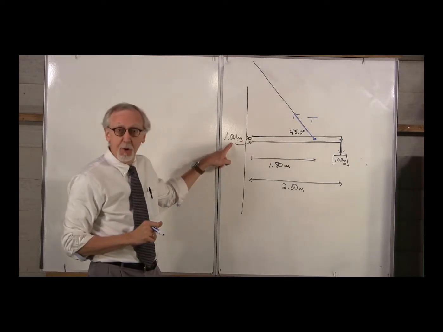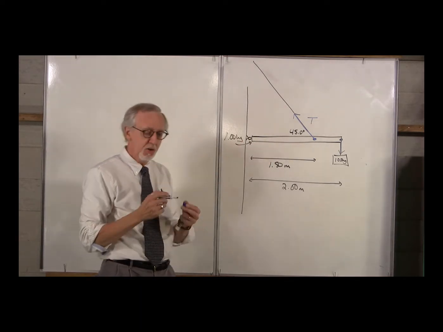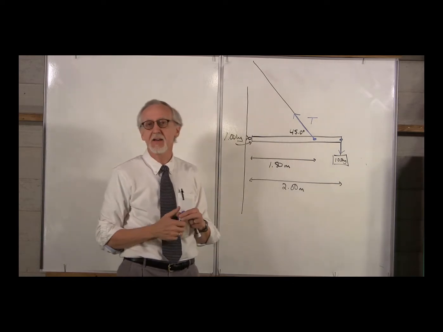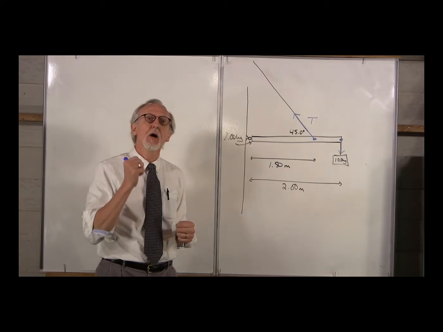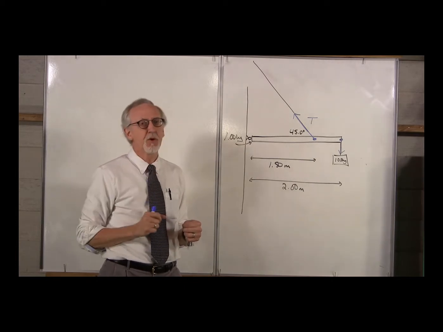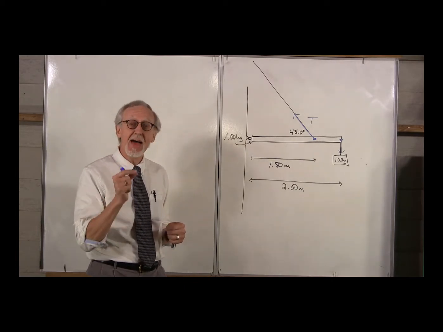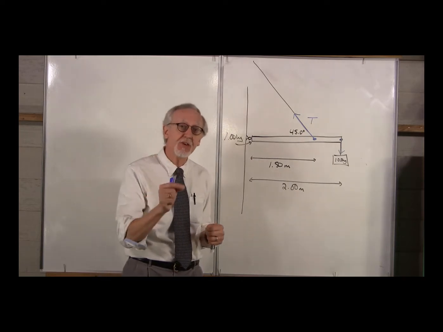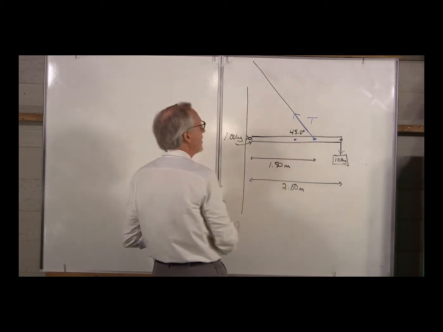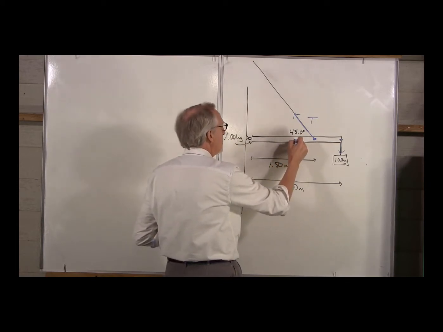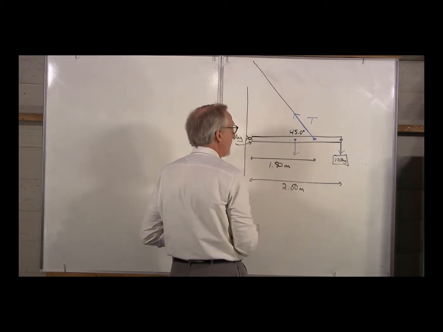Now in this case, the pole has a mass, and so there is going to be a weight acting on the pole due to its own mass. Where does that force act? That is going to act at the center of the pole. So at the center of the pole, we have to put in the weight of the pole, and we know that one is going to be straight down.